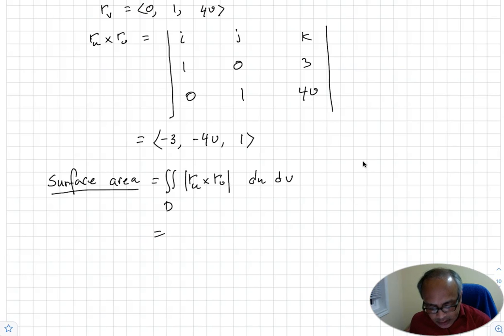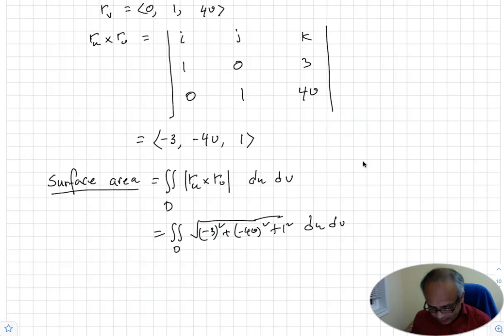Okay, so maybe first I can just evaluate the magnitude of r sub u cross r sub v. So the magnitude will be the square root of negative 3 squared plus negative 4v squared plus 1 squared, du dv.